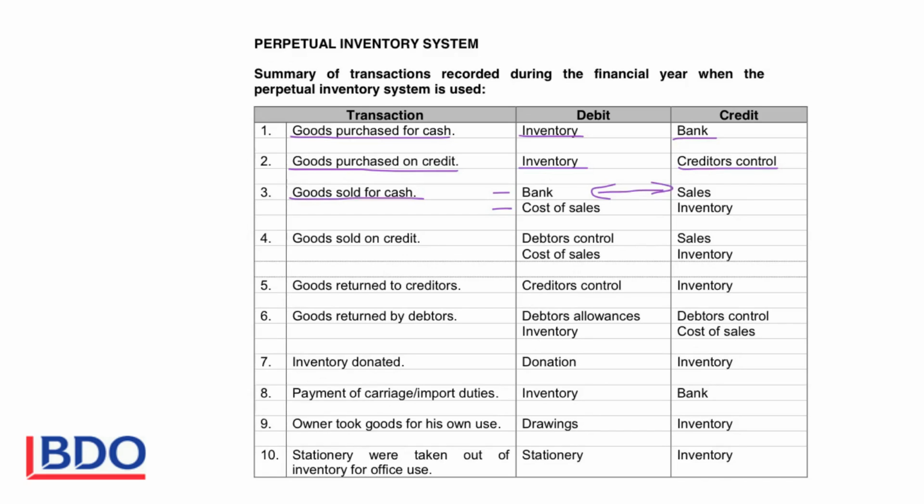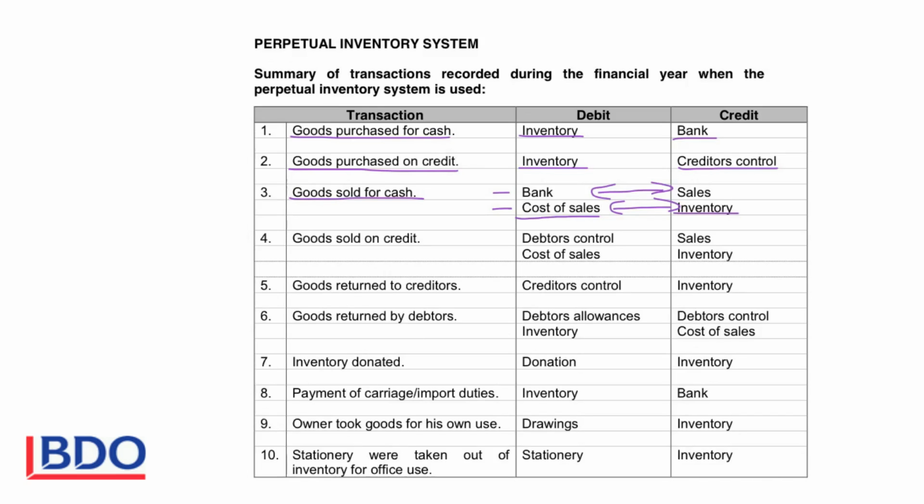Then a second entry will be completed for cost of sales to increase the expense for the goods that was purchased with the purpose of selling, and we say the cost price of goods already sold will be debited with the cost price. Any entry in the inventory account will always be at cost price, so the inventory is decreased with the cost price.